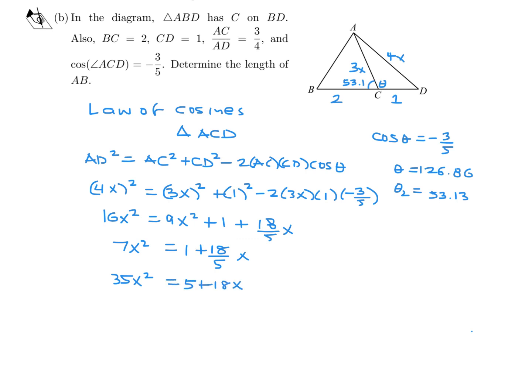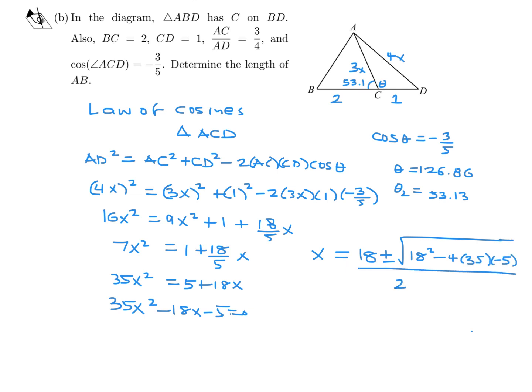And then, oh boy, I can't think of how to factor this, so I'm going to use the dreaded quadratic formula, with c equal to minus 5. X is equal to minus b, which would be 18, plus or minus the square root of b squared minus 4ac, all over 2a.